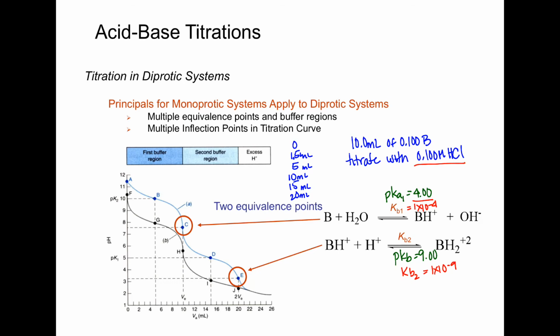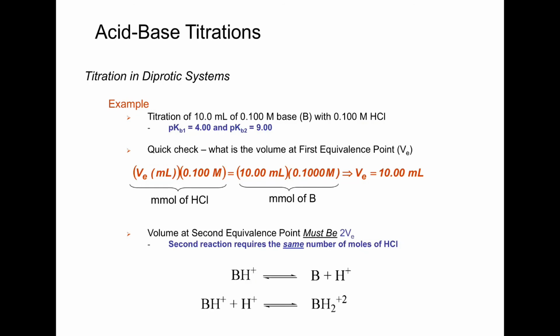So the first thing that we're going to do is figure out the volume for the first equivalence point. To do that, we know that we're starting with 10 milliliters of the base. For every 1,000 milliliters, it's 0.1 molar.